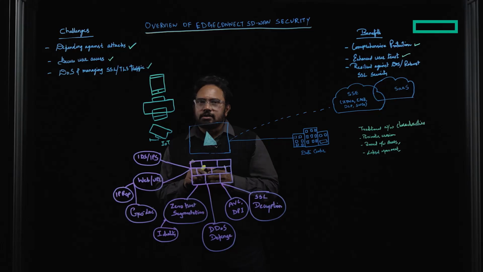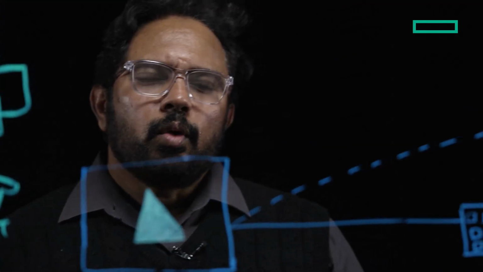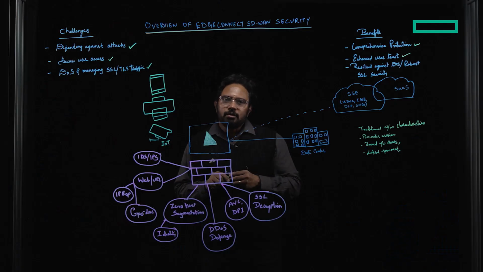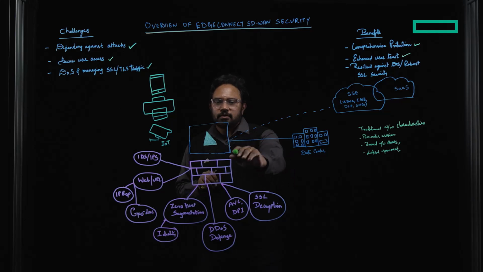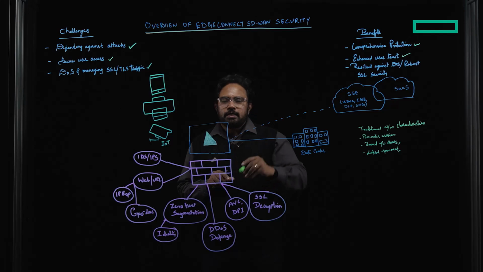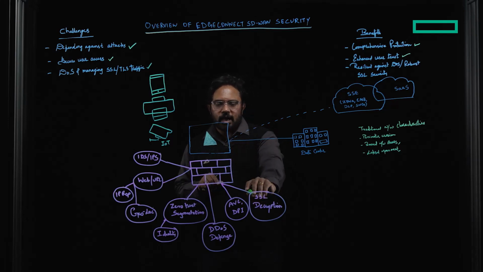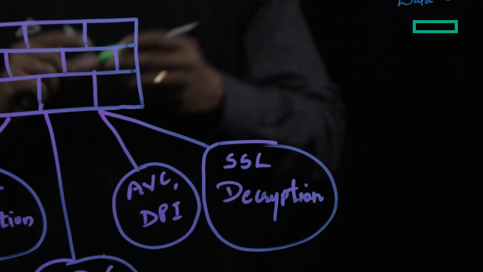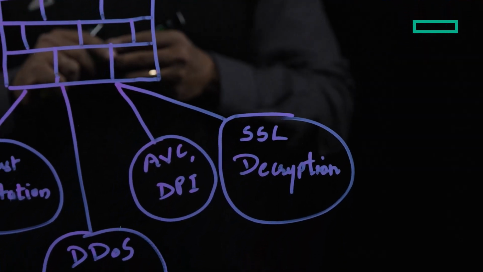Talking about SSL traffic management, one of the challenges of network security has been deciphering the SSL traffic. We use innovative means for SSL traffic management. One of the ways is to look at the SSL certificates that are exchanged between the client and servers.